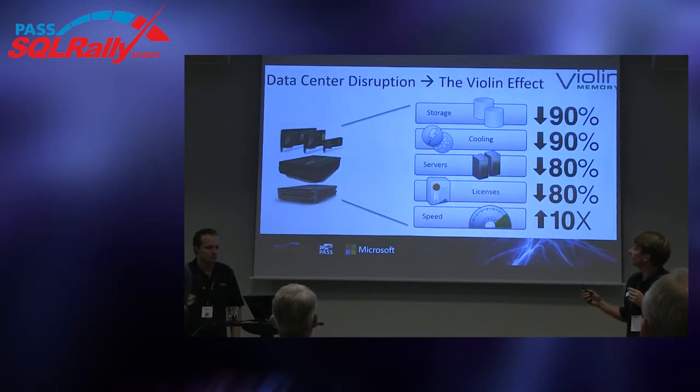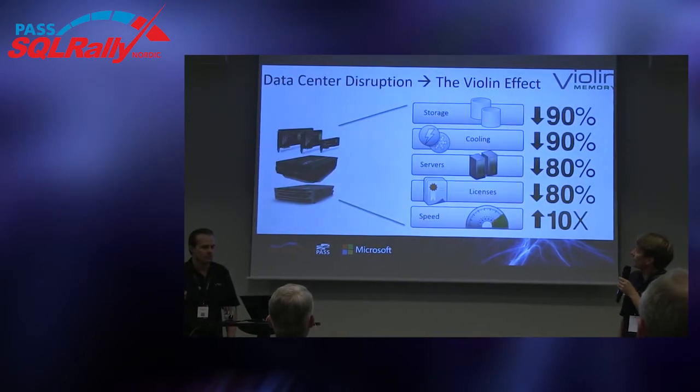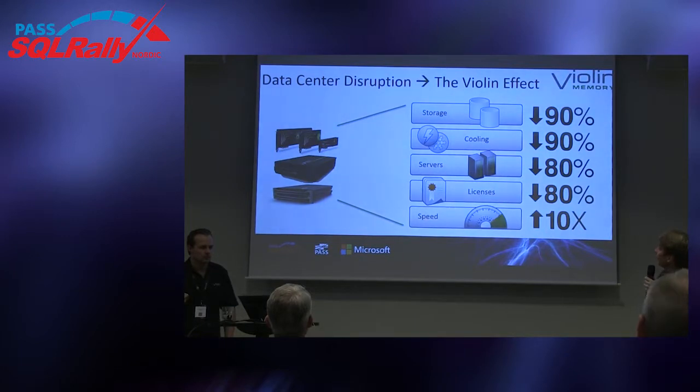So the data center disruption. We call it the Violin effect, and it's huge numbers, we know, and it can be done. Not in every case, but in a lot of cases, we can reduce the storage footprint by 90% because you don't over-provision any storage anymore. You just run 100% with 100% performance.